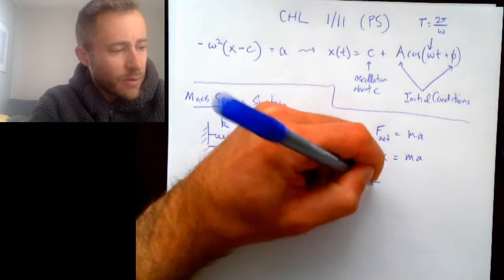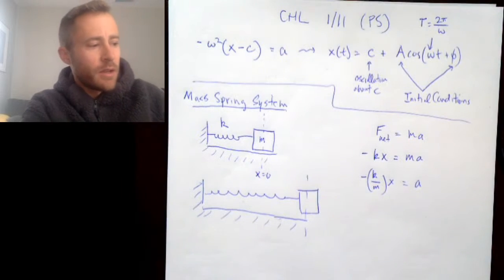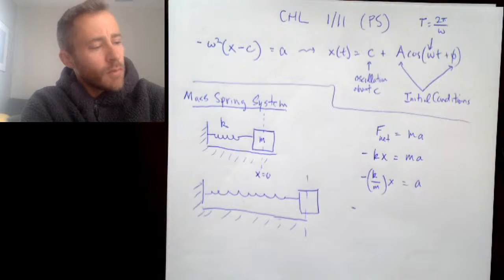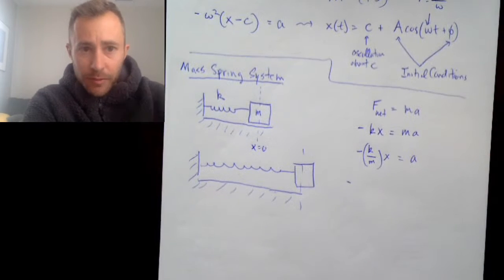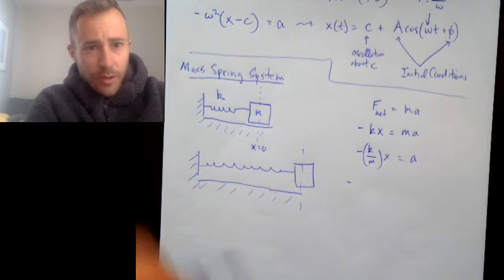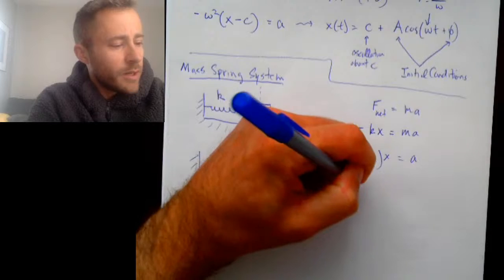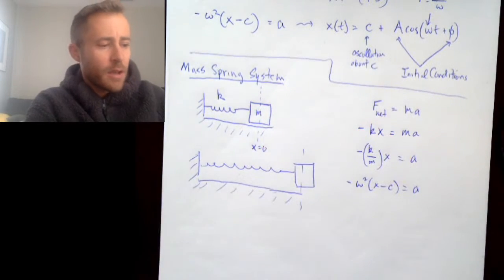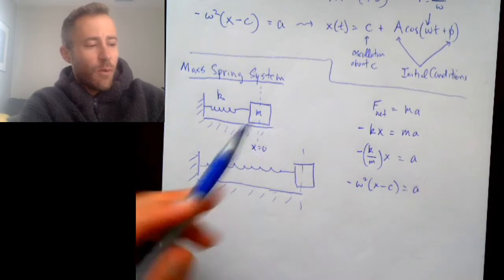We get minus k over m times x equals the acceleration. So if we compare this to the fundamental equation of simple harmonic motion, minus omega squared times x minus c equals a, we can see that this is the same form.